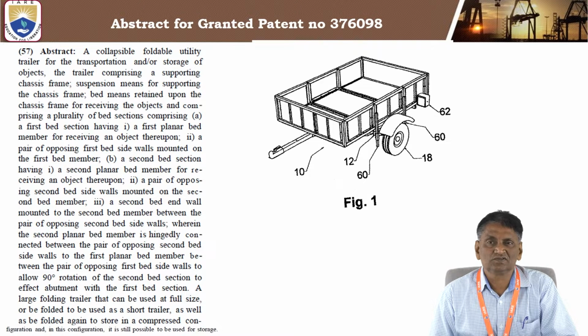This abstract was published in the Patent Journal when this application came up for publication. Not so many parts were shown in the abstract, only important parts, but in the detailed description many parts were shown. This is shown only in the assembled way, just to get an idea what the item is.